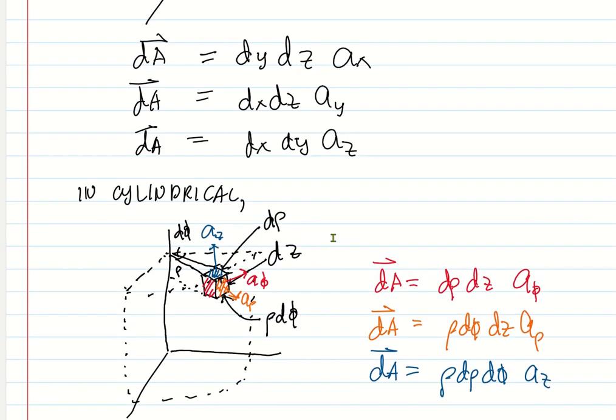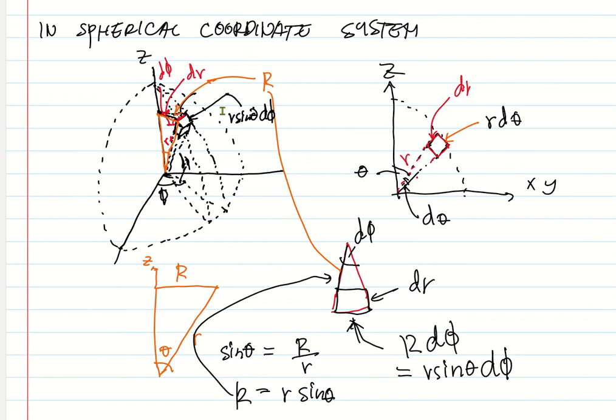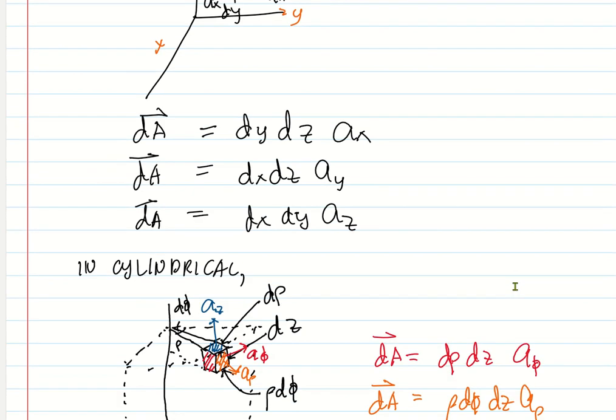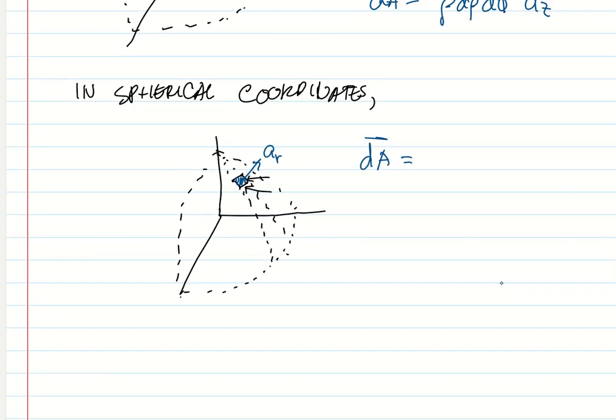So we have dr, and we have r d theta, and r sine theta d phi. This one is r d theta, and this one is r sine theta d phi.